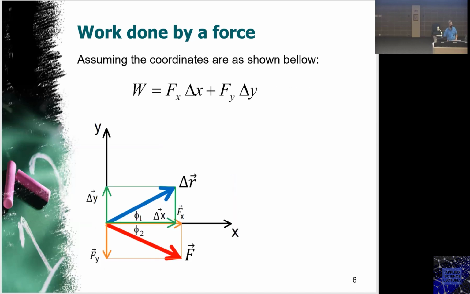But in case you were not given the choice to do so, and you were given two random vectors, and you want to calculate the work such that the displacement has an X and Y component, and the force also has an X and Y component, what is the general approach to calculate the work?